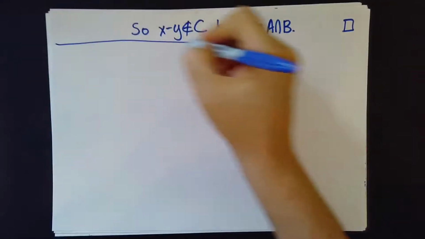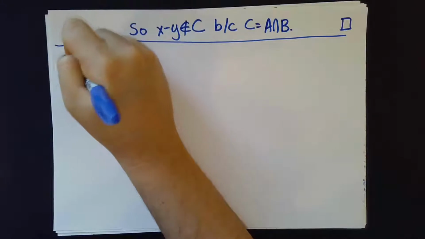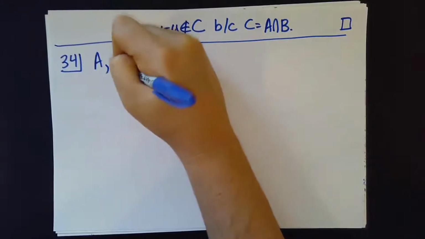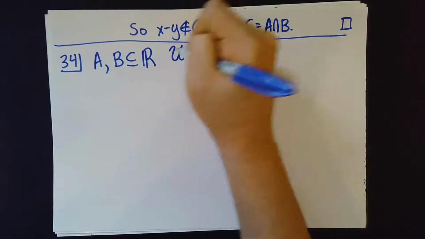Okay, let's write down a proof of 34. Okay, so A and B here are subsets of R, which we've decided is our universal set for this problem.